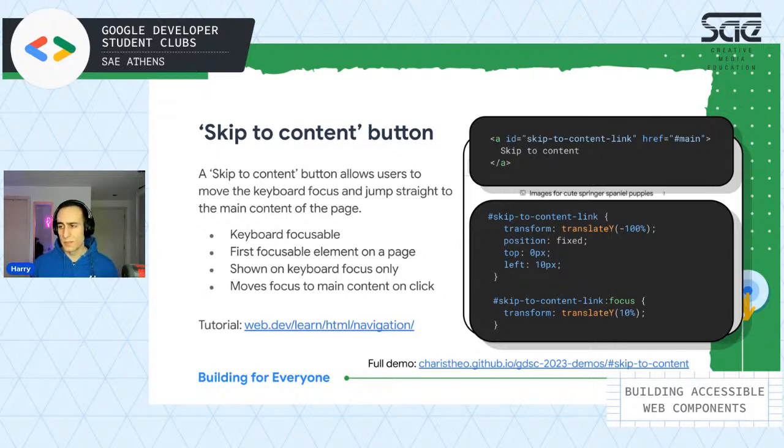The main content in this example of the Google search website would be your search results.